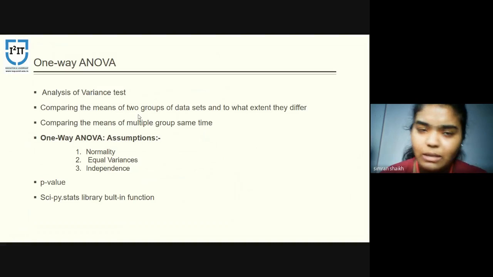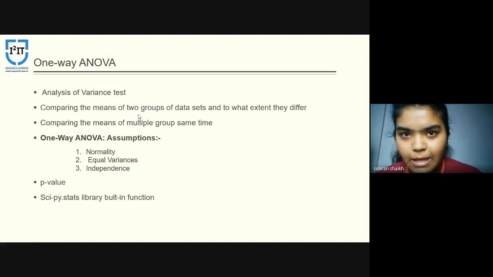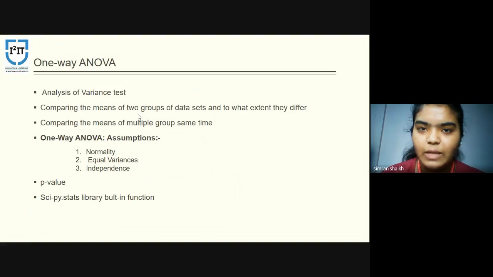Now there are various types of tests. There is also the t-test, which is again used to compare the means. But if you run the t-test again and again, it will give you more false positives; it will be very complicated, or it can give you a wrong value.